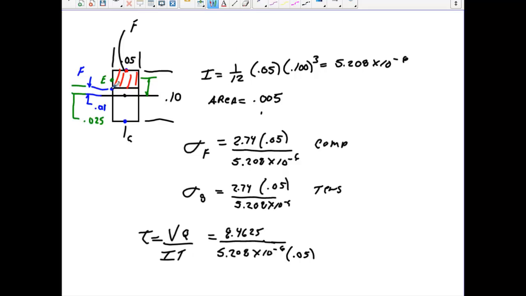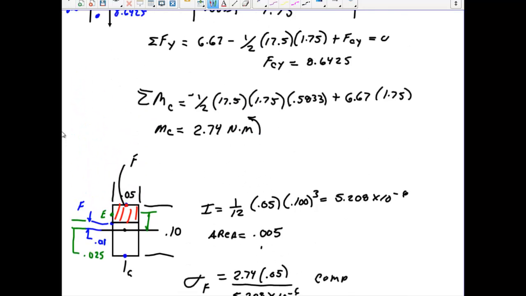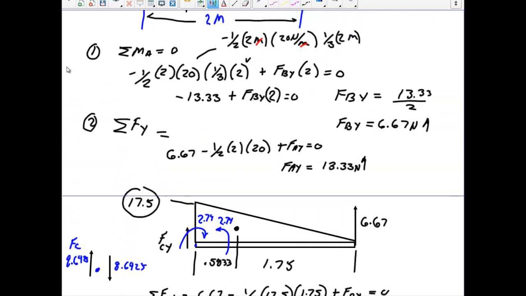If this is 0.01, then from here to here it'd be 0.04. So it'd be 0.04 times my thickness of 0.05 times the distance from here to here, going up 0.01 plus another 0.02, that would be 0.03. And that would give me the shear at this point here. And that's it. It's not very hard. Just follow these steps, exactly what I did here, and you should be good to go.